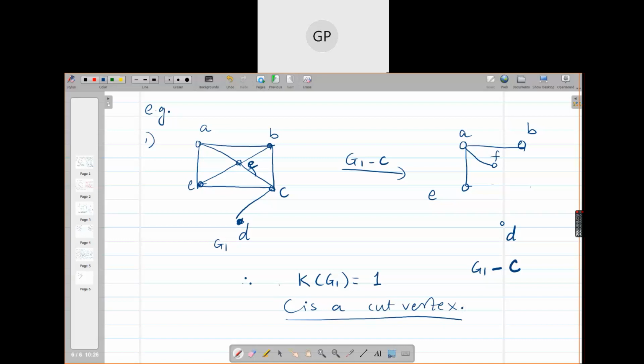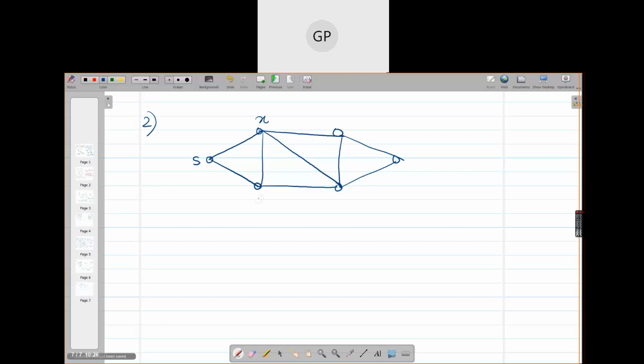Yes, ma'am. Now let us have one more example. Tell me what is vertex connectivity of this graph.